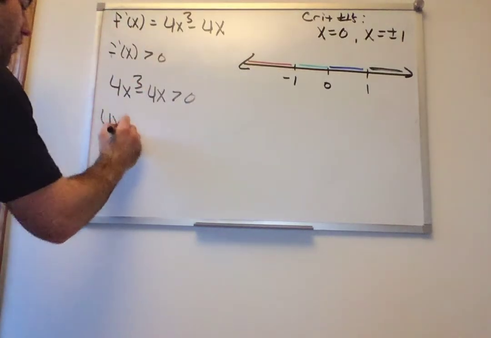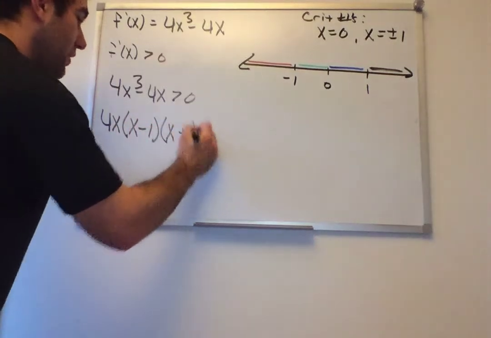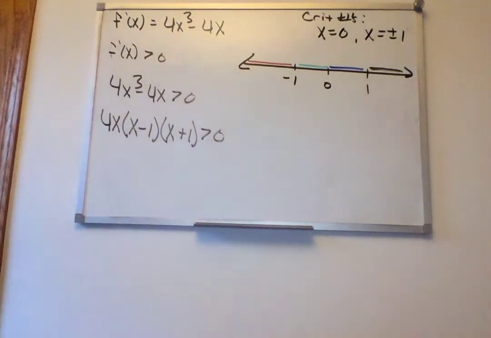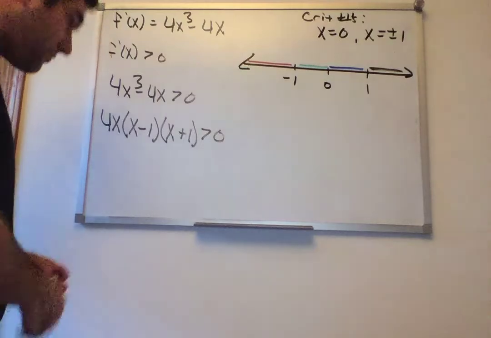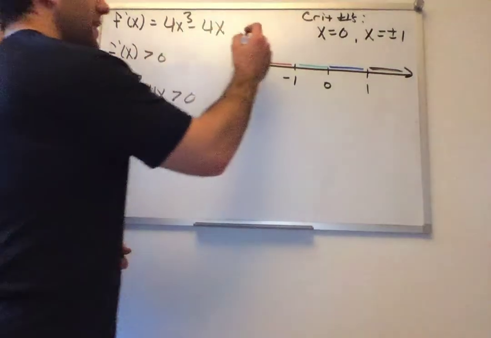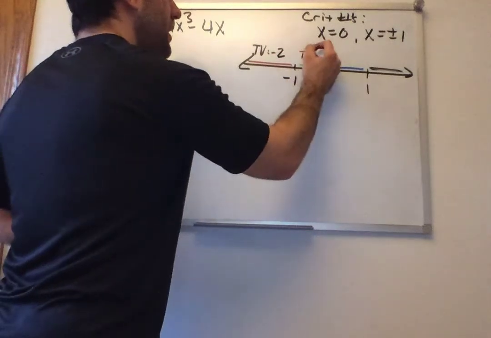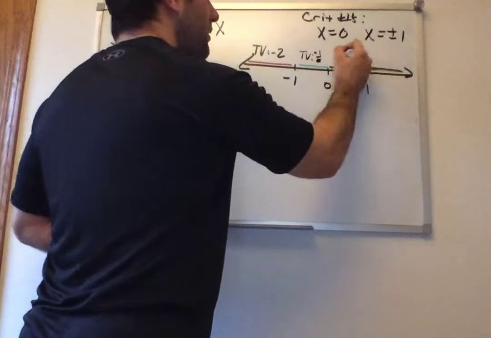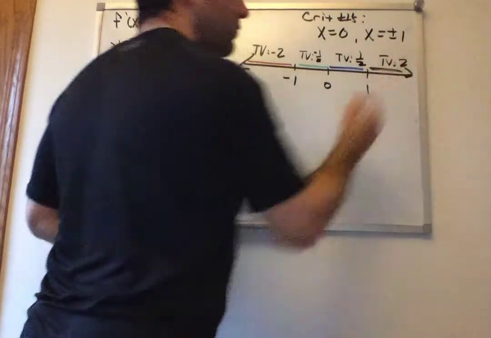So, it was 4x, x minus 1, x plus 1, greater than 0. Okay, we're going to be plugging numbers into here, and again, we only care about the sign of the interval. So let's pick some test values. Test value, -2. Test value, -1/2. This one, 1/2. Test value, 2.